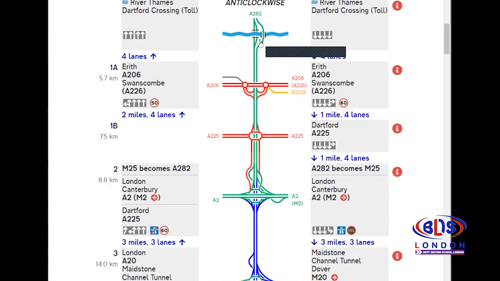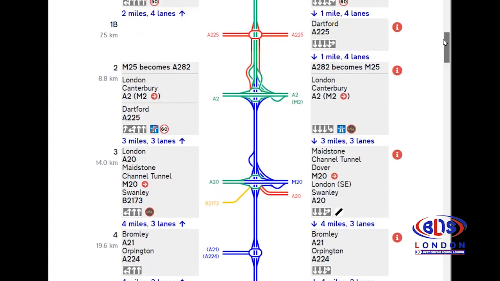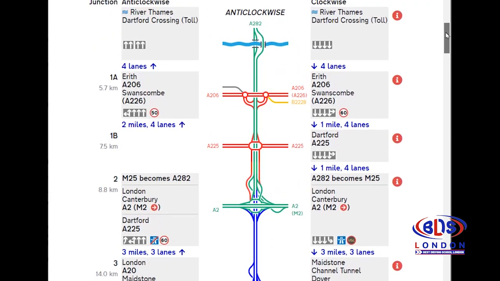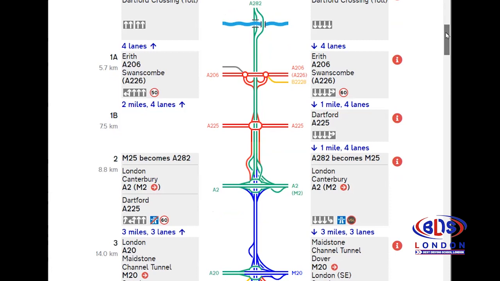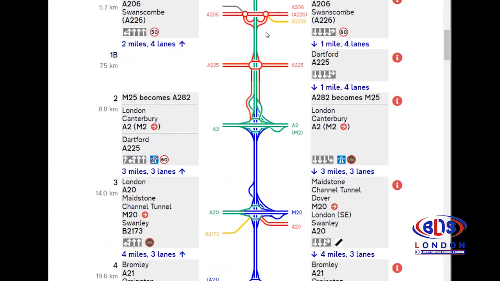And the first junction after the river is junction 1A, which leads off to Erith and Swanscombe. So if we then go down the A282, there are two junctions leading on and off before it becomes the M25, and it only becomes the M25 at junction 2.